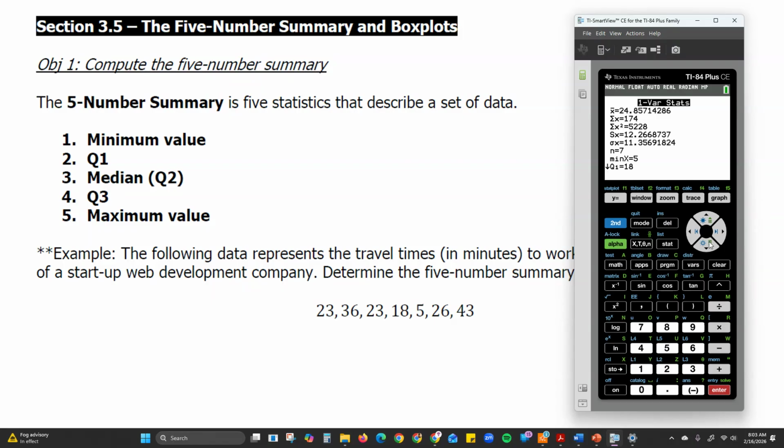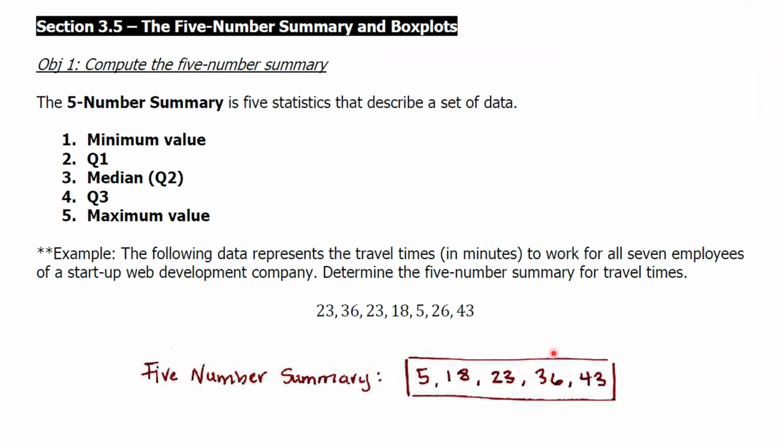Now we are on the var stat screen where we can scroll all the way down and look at our 5-number summary here on the screen. So we have our minimum value of 5, Q1 is 18, our median or Q2 is 23, Q3 is 36, and our maximum value is 43. Okay, and so now we have our 5-number summary.